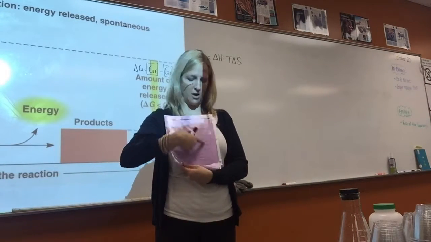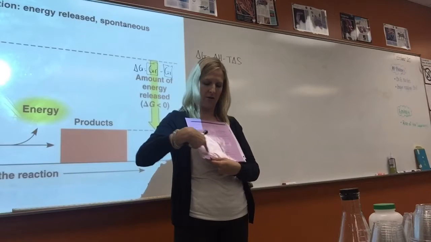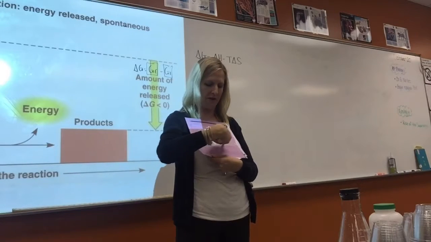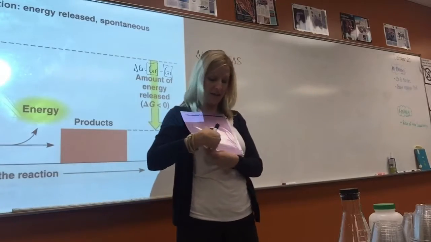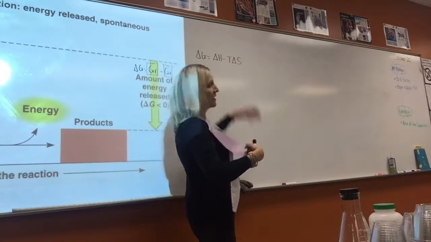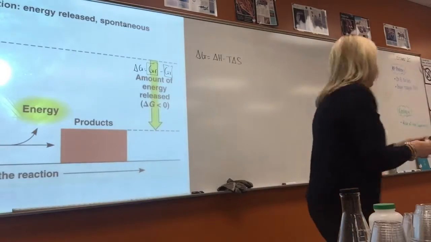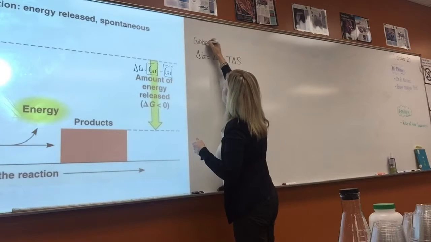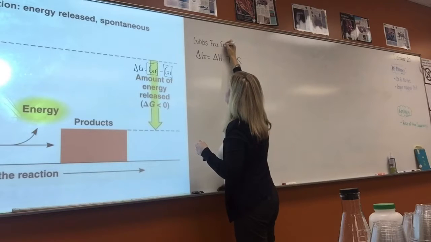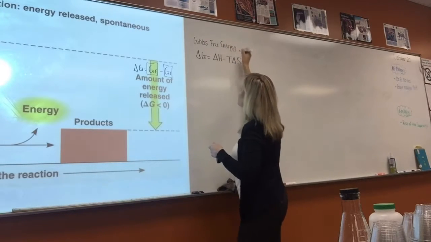So we've done the water potential, surface area to volume ratio, C1, V1, pH, and down here is this equation right here. This equation is called the Gibbs free energy equation, from the scientist who came up with it.